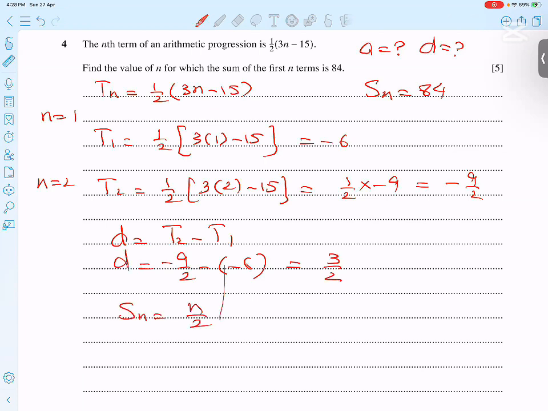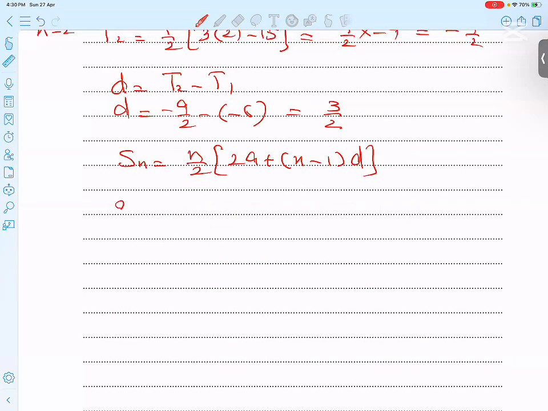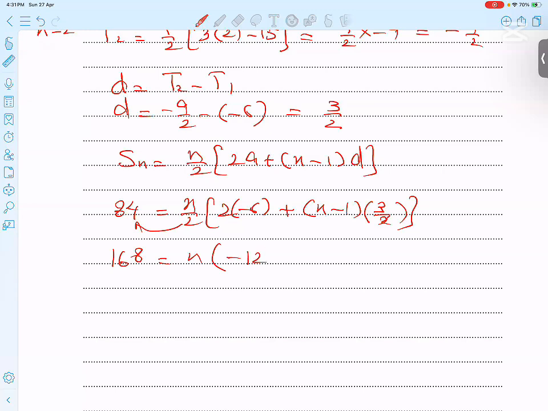Now I'm going to write the formula of Sn. n divided by 2, because he mentioned arithmetic progression, that is why. And n 2a plus n minus 1 into difference. Sn is 84. And a value is -6. And the common difference is 3 by 2. This 2 multiplies there. 2 4s are 8. 2 8 16. Inside -12. And this is 3 by 2, 1.5. So plus 1.5 n and -1.5. I think the idea is clear.